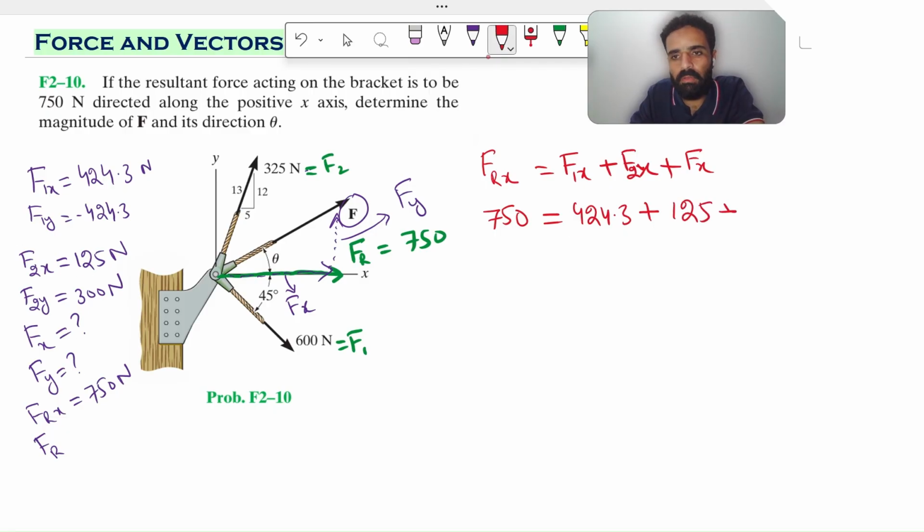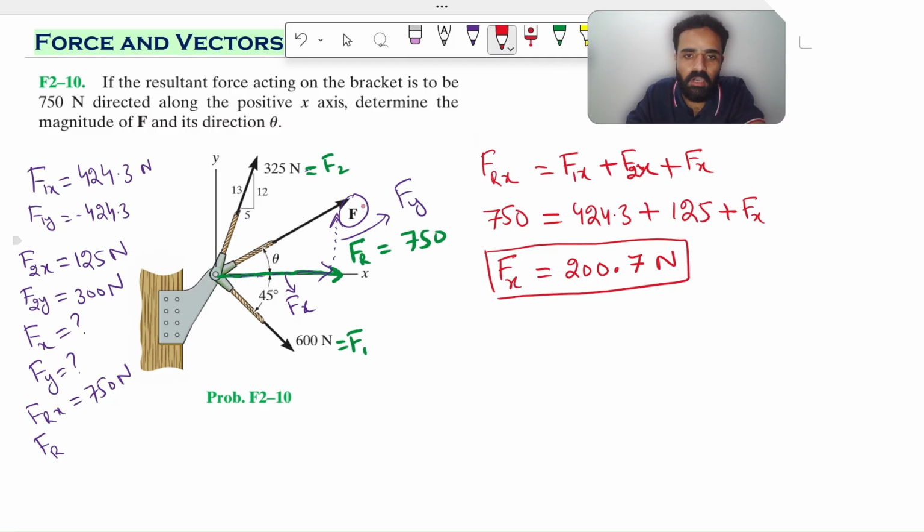I will shift this 125 and this 424.3 to the other side and subtract them from 750 to get the value of Fx. After doing the calculation, Fx will be equal to 200.7 Newton. So we got the horizontal component of this unknown force.